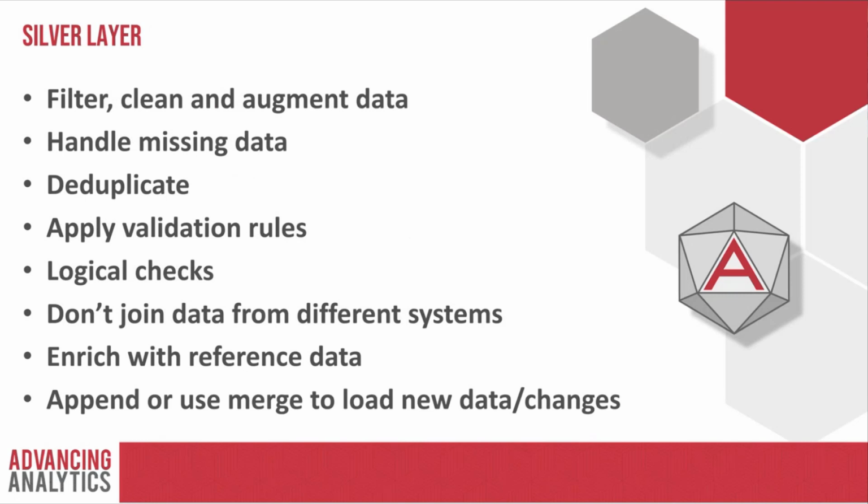So moving into silver, we want to filter, clean, and augment the data. We want to handle any missing data. We might need to refill it, or maybe discard it if the fact that it's missing makes it useless. We want to deduplicate. You might want to apply validation rules, so things like not having any nulls, making sure that your data is unique, and making sure that your data is of the correct type.